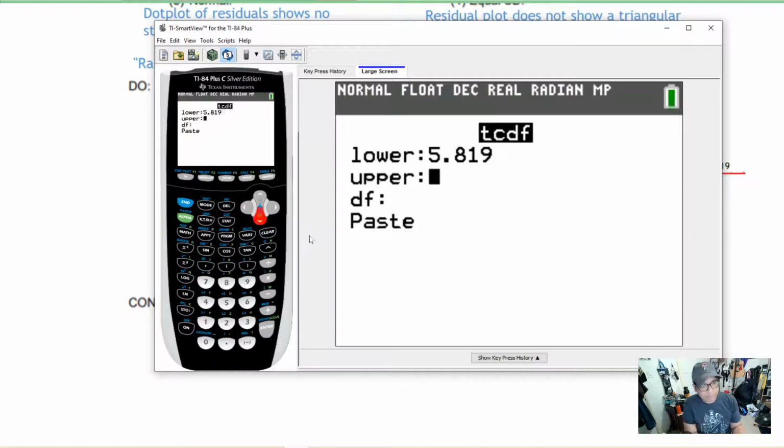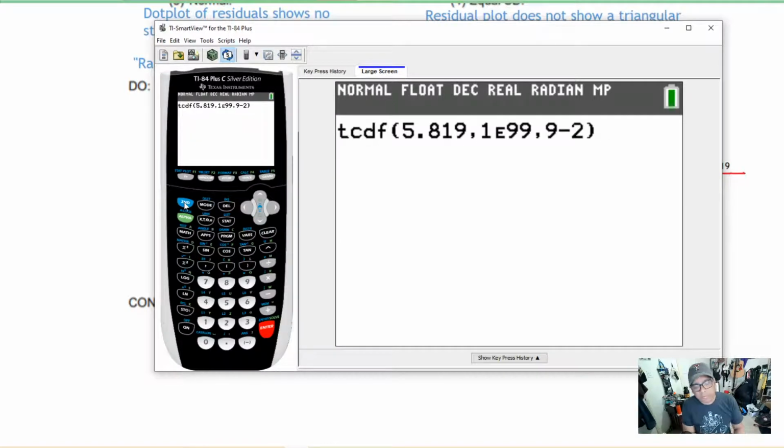We're going to go to positive infinity, so we're going to write the biggest number on our calculator, which is 1e99. And our degree of freedom, that's going to be 9 minus 2. I always just like writing 9 minus 2 and not bothering with 7, just because it kind of reinforces how to get that degree of freedom.